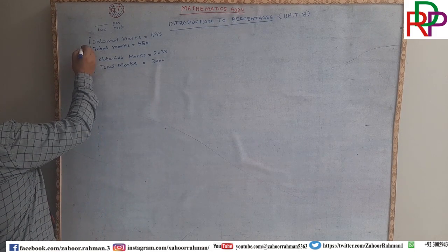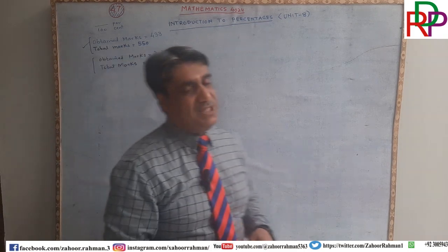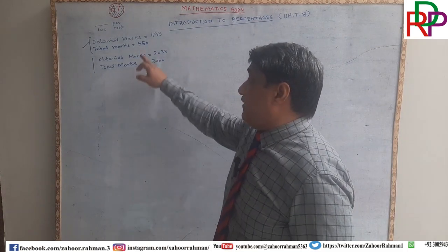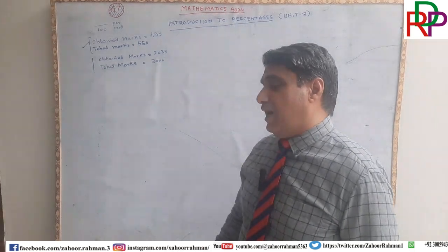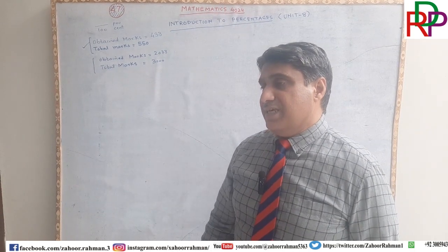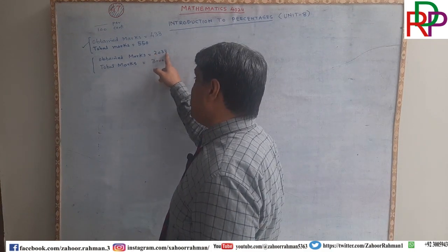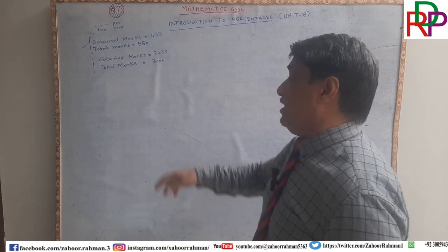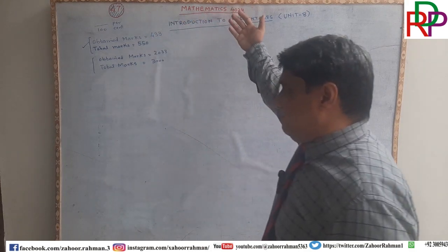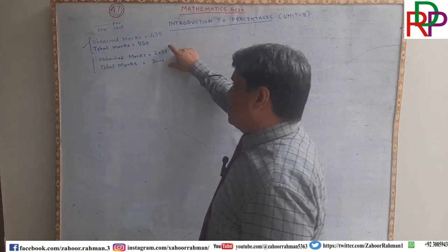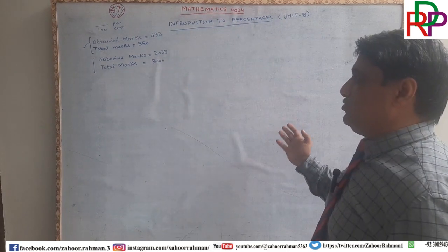One family member is saying that I got 433 out of 550, and the second member of that family is saying that I got 2033 marks out of 3000. One is gaining one type of education and the second one is gaining the second type of education.